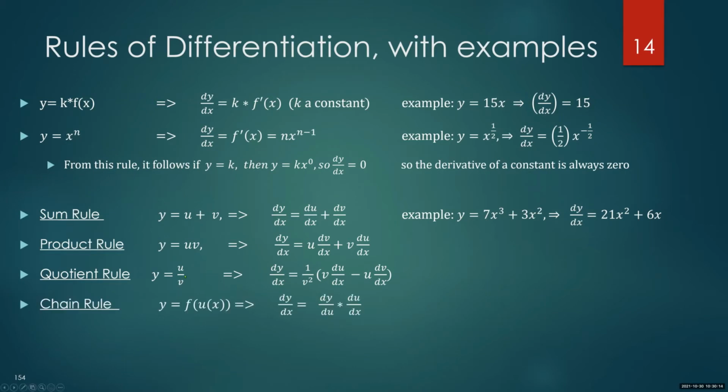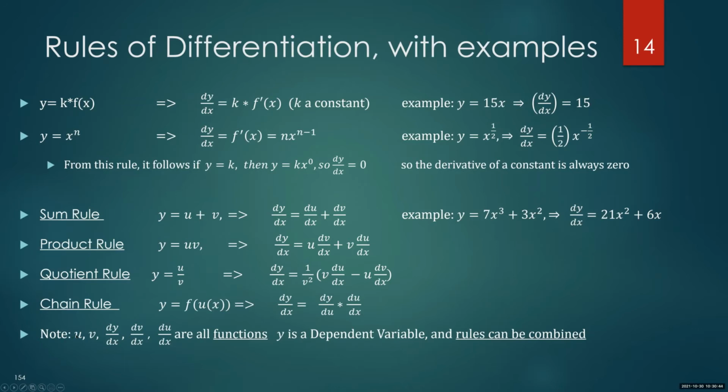The final rule I want to talk about is the chain rule, and that states that if y is some function of another function of x, then dy dx is dy du by du dx. We will certainly be doing examples of that shortly. You just need to know for now that the rule exists, and ideally have it available in front of you on a log table or something like that.